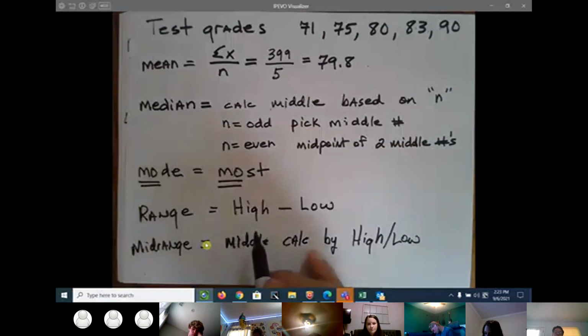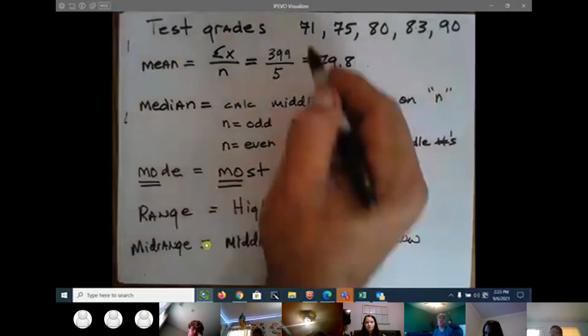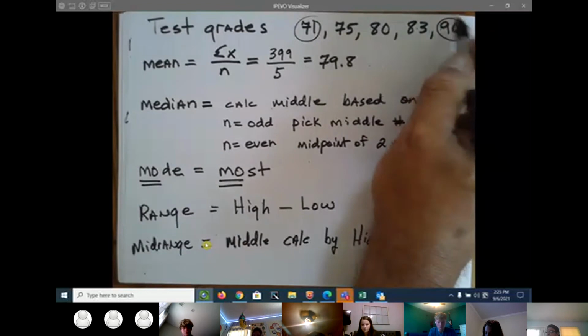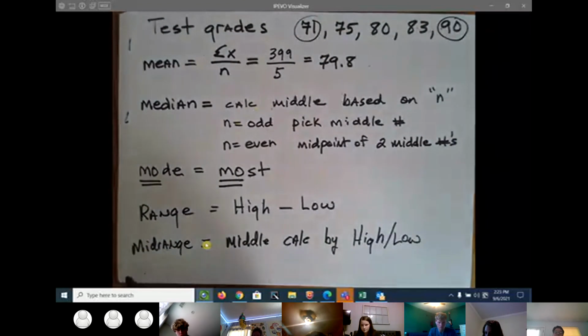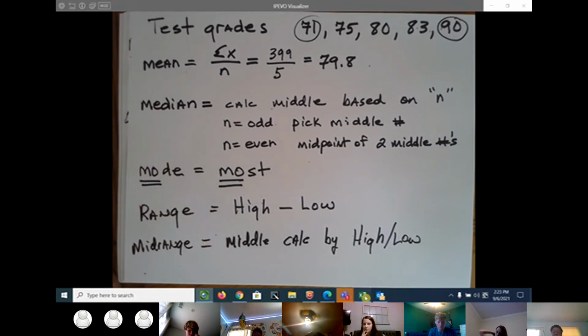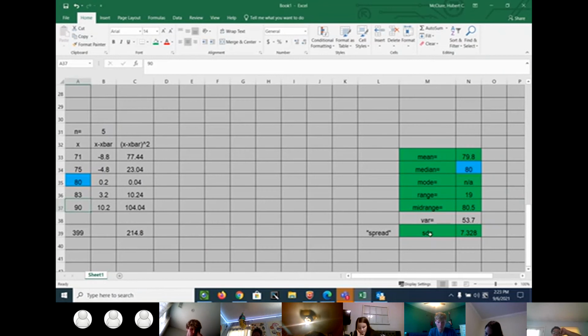The mid-range uses the extreme terms. And if you go back to the problem, go ahead and find all those. I want you to find them by hand. I want you to find the median, the mode, the range, and the mid-range. And check them with my numbers over here.